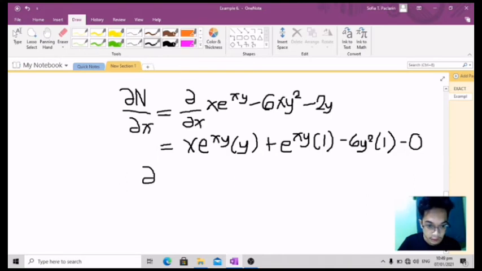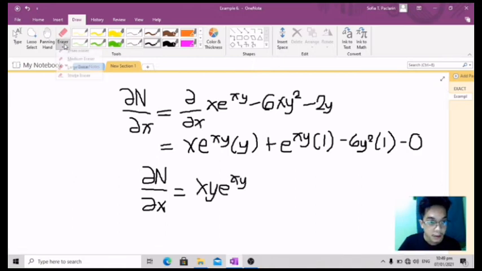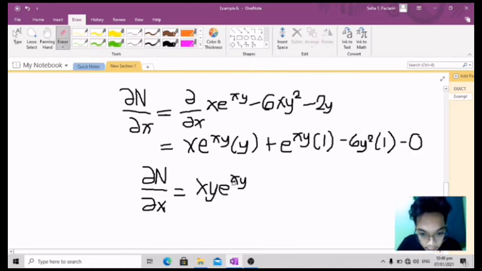So the partial derivative of N with respect to x is equal to xye raised to xy plus e raised to xy minus 6y squared.